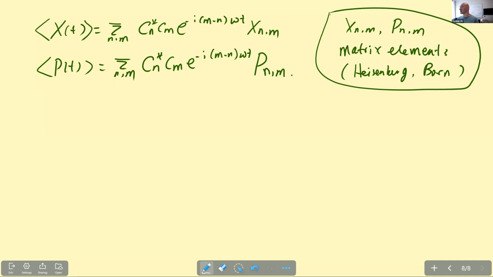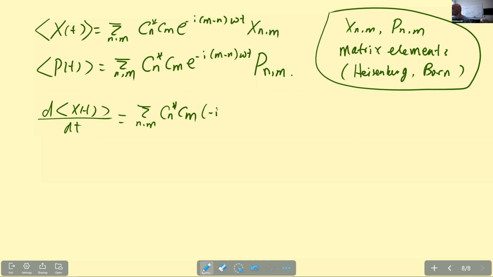And now let's look at the time derivative. That is very simple. You just need to apply this to the time-dependent operator, right? So that equals the sum over n, m of c_n c_m, and now you have a minus i(n minus m) omega, times x_nm.